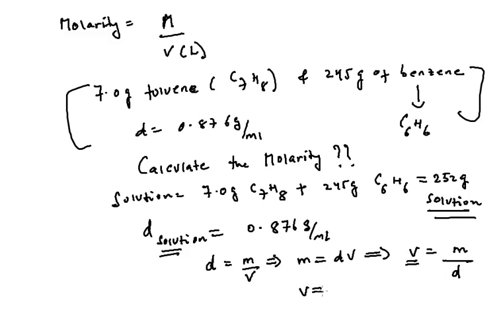Volume is the mass of the solution, 252 grams, divided by the density, 0.876 gram per milliliter. Grams cancel. So 252 divided by 0.876 gives us 287.7 milliliters.